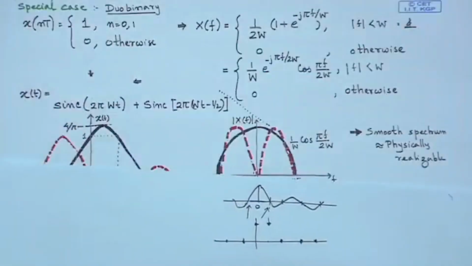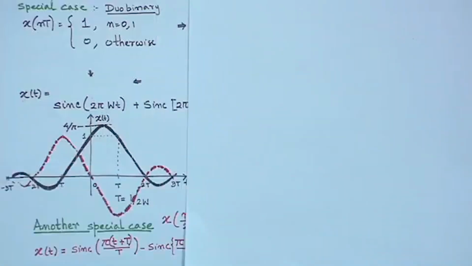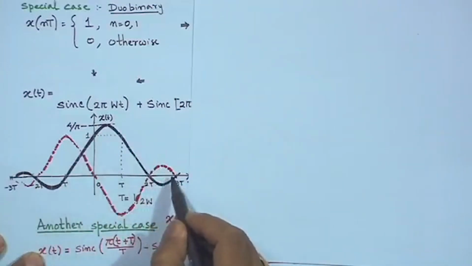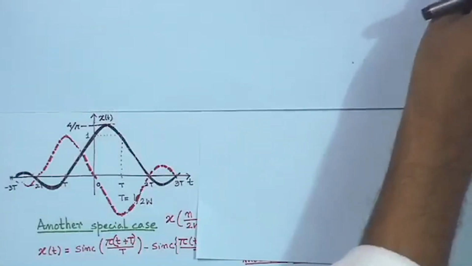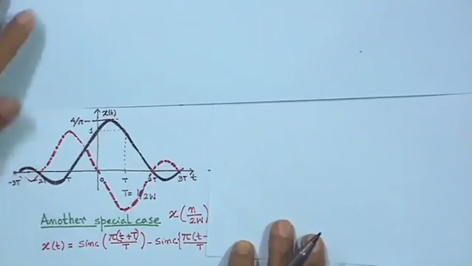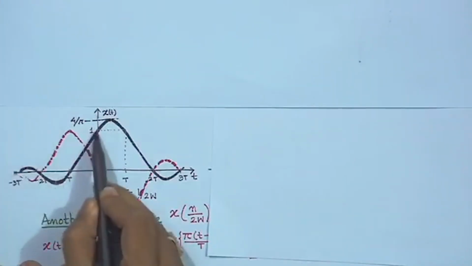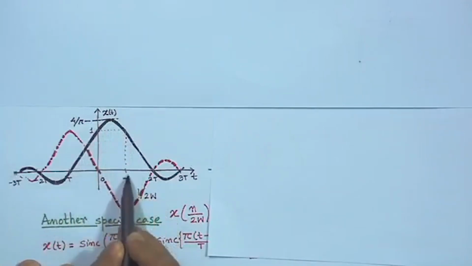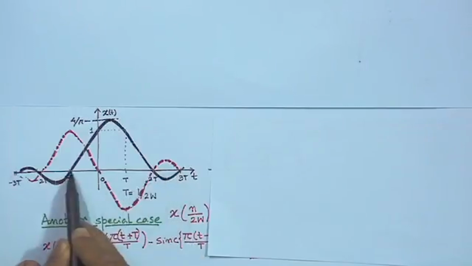So, what we have is the class of duobinary signals. The duobinary signal can be visually seen by the solid black curve in this particular picture. I will cover up the rest of it to avoid confusion. What we see is that in this case we have a non-zero value at 0 as well as a non-zero value at T. However, at all other places there is 0 value.